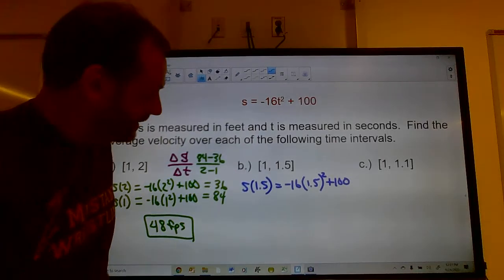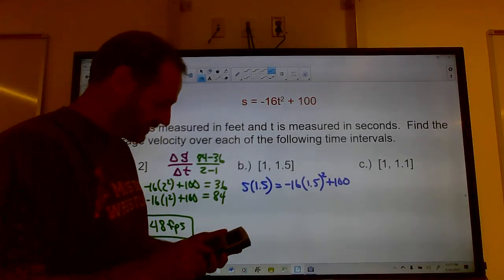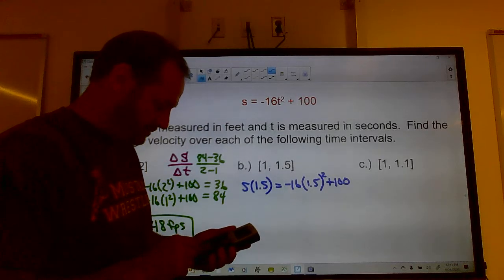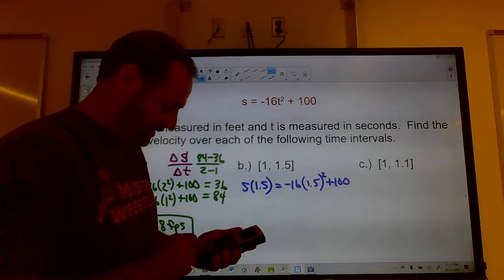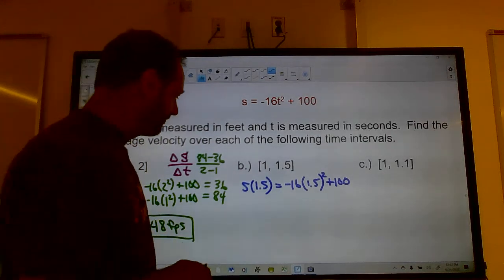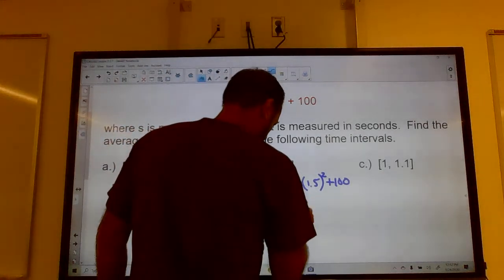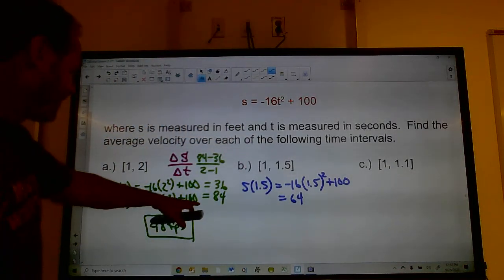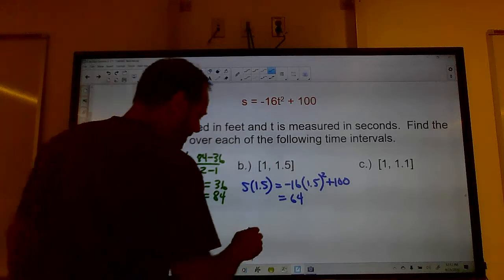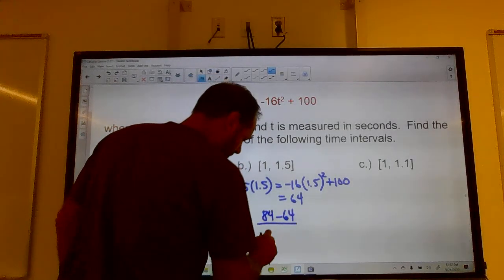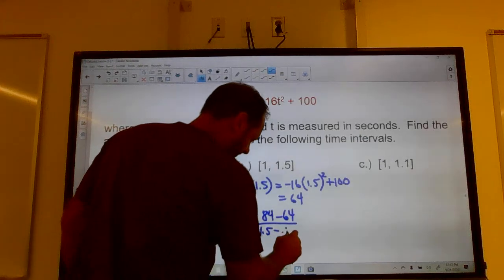I get out my handy dandy TI-84 Plus C Silver Edition graphing calculator. 1.5 squared times negative 16 plus 100, 64. So my change in s this time, I'm going to borrow the 84 from the previous one. That's going to be 84 minus 64 over 1.5 minus 0.5.